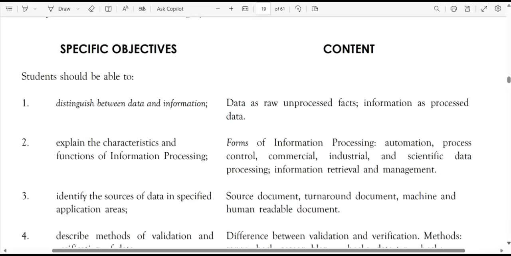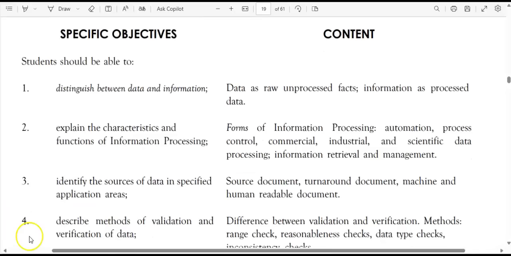Data is raw and unprocessed facts, information is processed data. So we are going to explain that and distinguish between data and information. In your distinction, you should be able to cite data as raw unprocessed facts, while information is processed data.